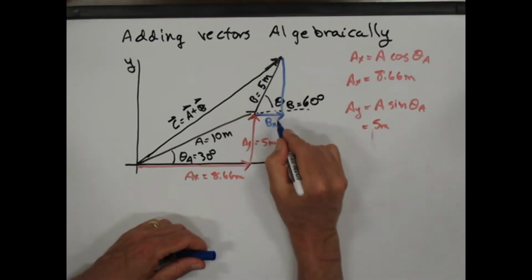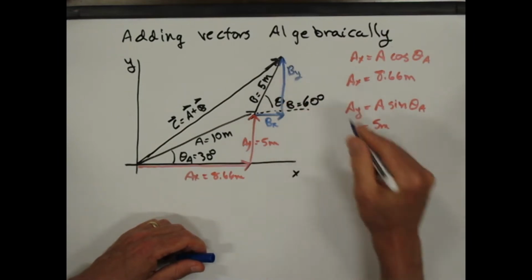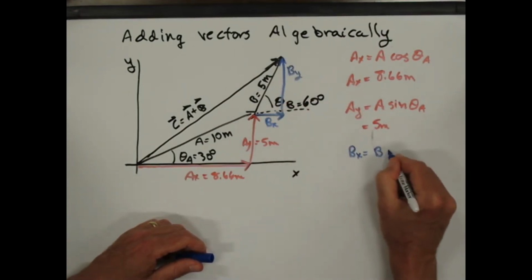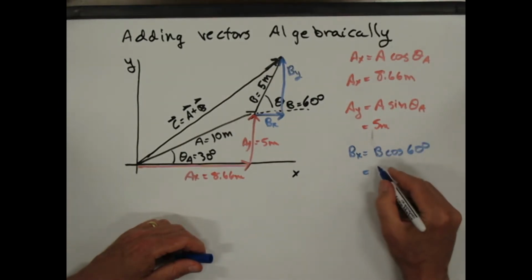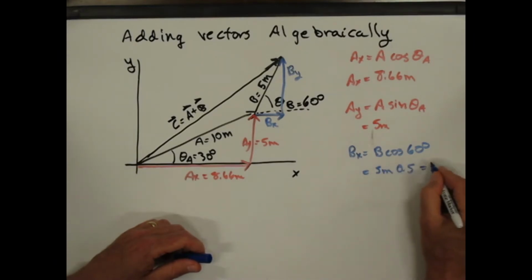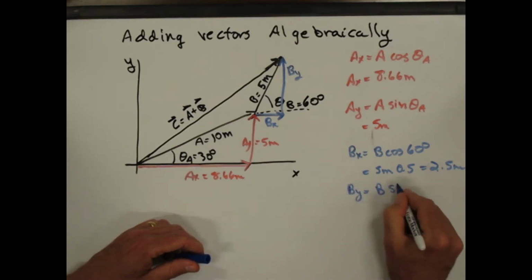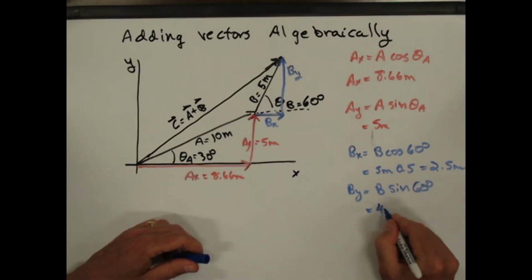Here's my x component of B, and here's my y component of B. B sub x is equal to B cosine 60 degrees, which is 5 meters times 0.5. We did this before. This is 2.5 meters. And then B sub y is B sine of 60 degrees, which is 4.33 meters.